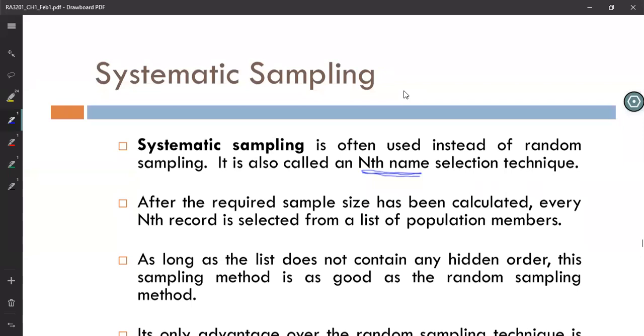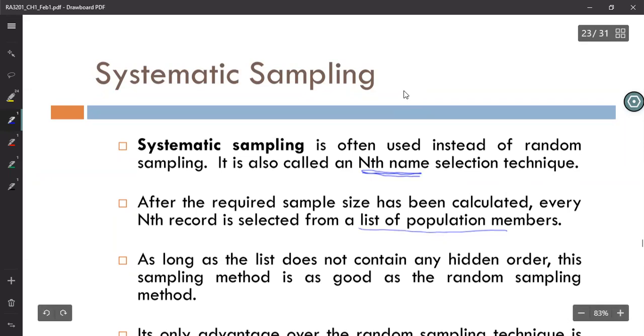So you should already have this list or a register. This is how we do it. You have to look at the population size first. Your list contains the whole population.